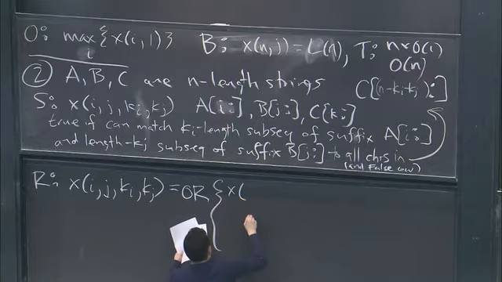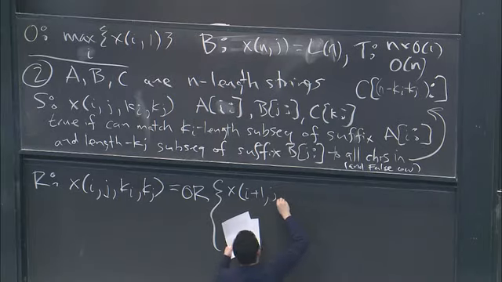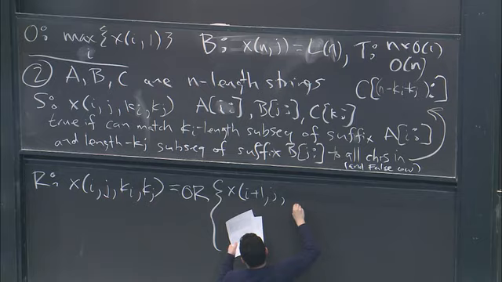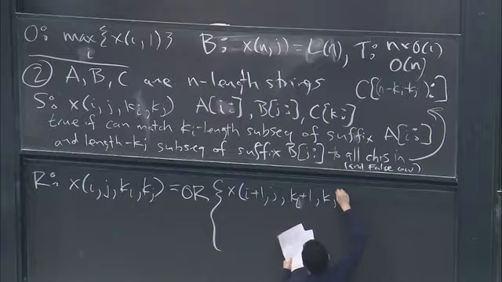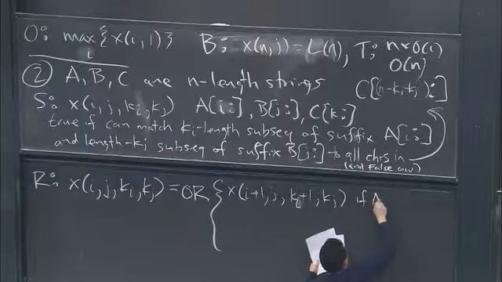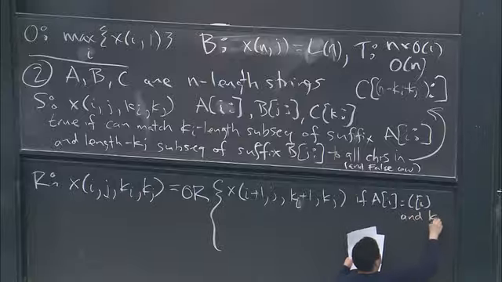So if I match with A, I plus 1, I recurse on a smaller suffix of A, and by adding, this all just works. Great. Kj, this is i, if Ai equals Ci, and ki is greater than 0, right?